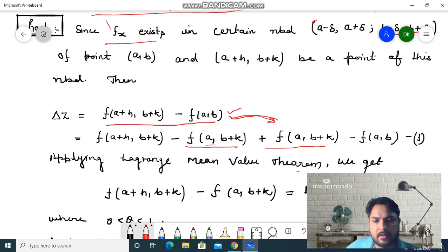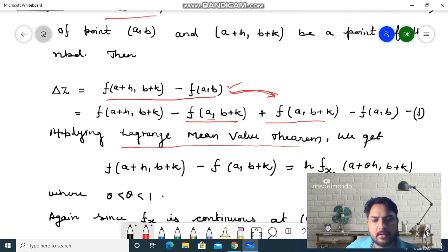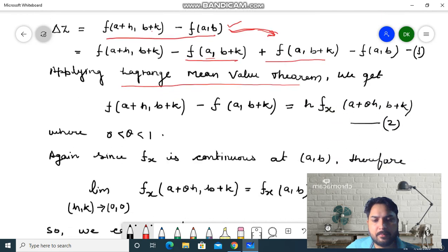Now we apply the Lagrange mean value theorem. For f(a plus h, b plus k) minus f(a, b plus k), you can see that the y coordinate is fixed and there is a change in the x coordinate by the small quantity h.